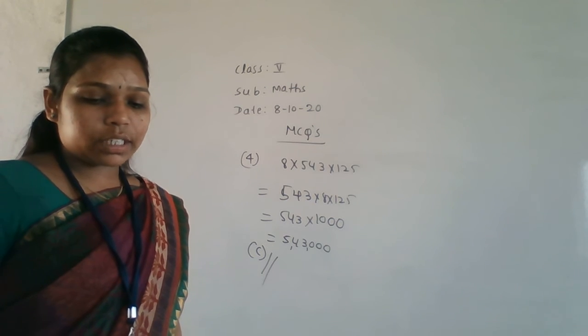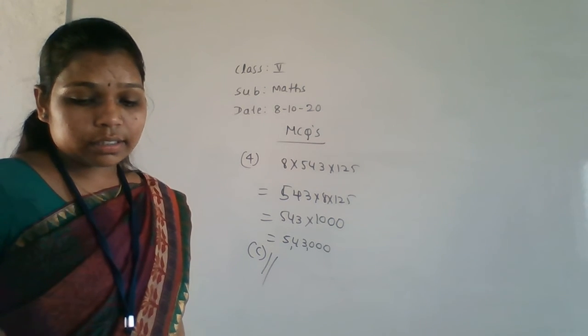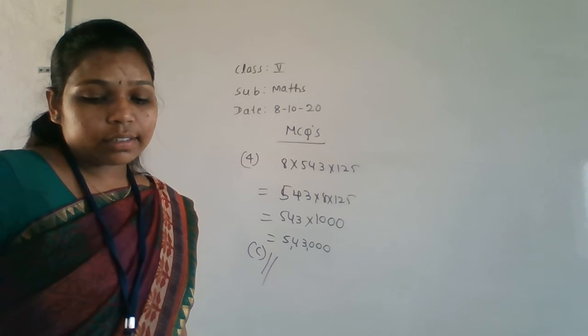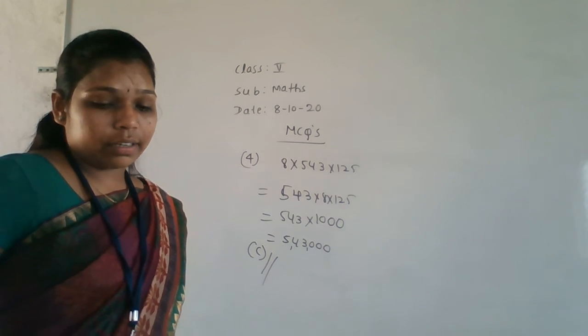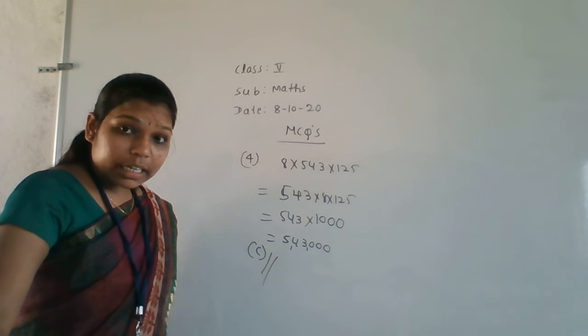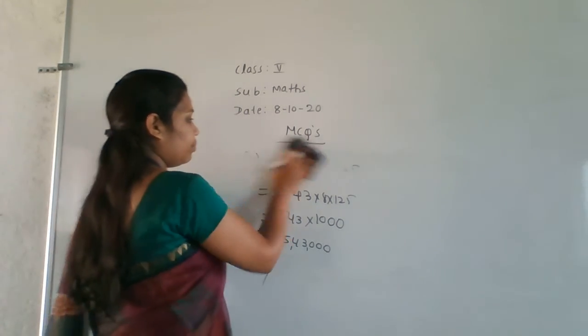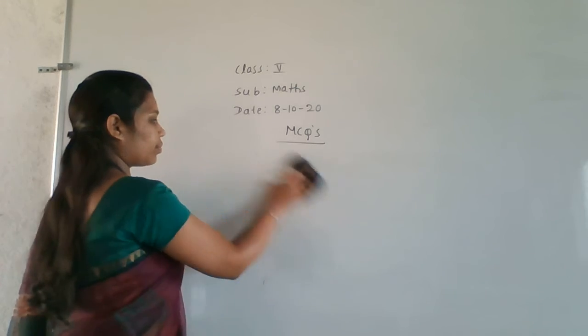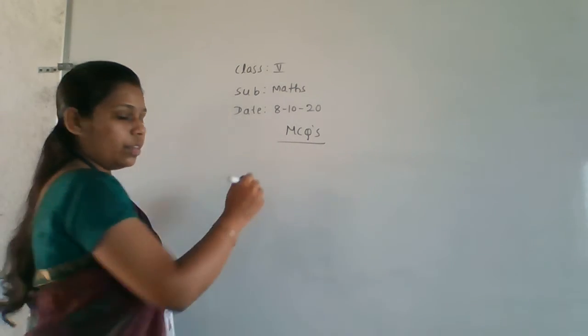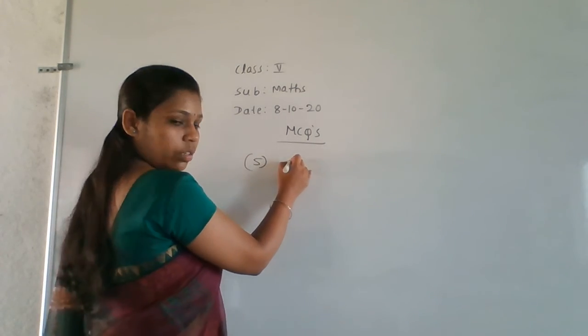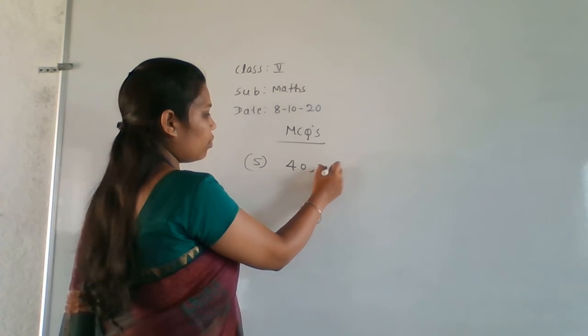By how much is 20 lakh less than 40 lakh 34,009? Means you have to subtract the 20 lakh from the given value. You will get the answer. Fifth one. They have given 40 lakh 34,009.